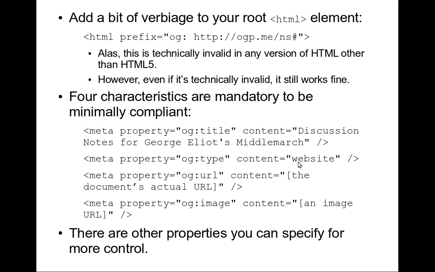You have to indicate what type of thing you're talking about there. Quite often, if you're just writing a web page, the Open Graph object type will be website. But there's a number of other things that you can put in there, like audio or video. You have to put in the URL of the document that is being described, even though you would think Facebook could automatically infer that from the fact that somebody is pasting the URL into the box.